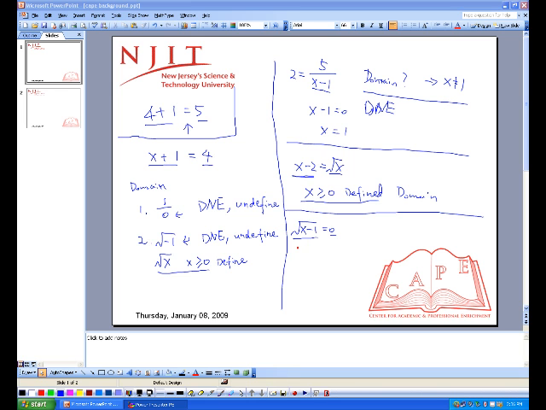So that means we can set x minus 1 is greater than or equal to 0. That means x is greater than or equal to 1. And this is our domain.